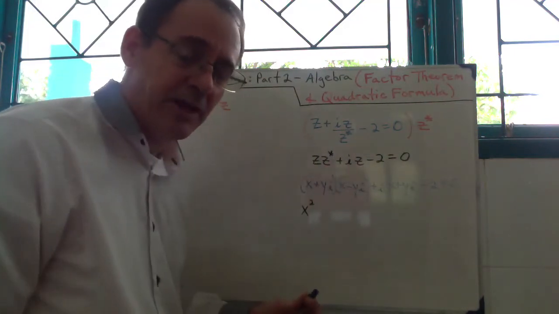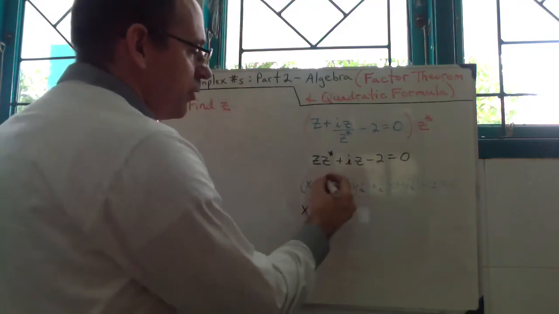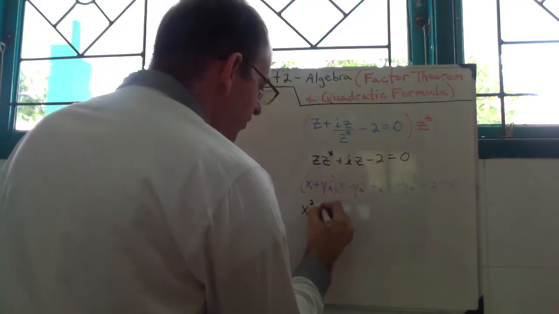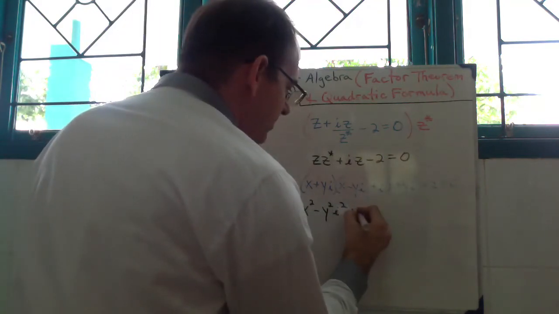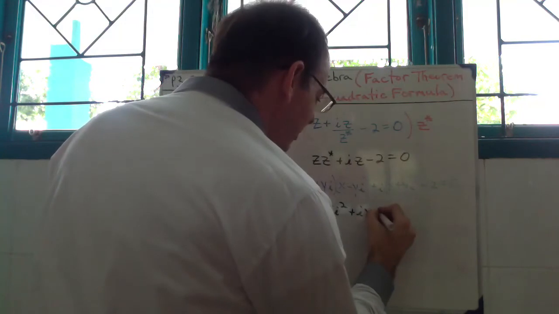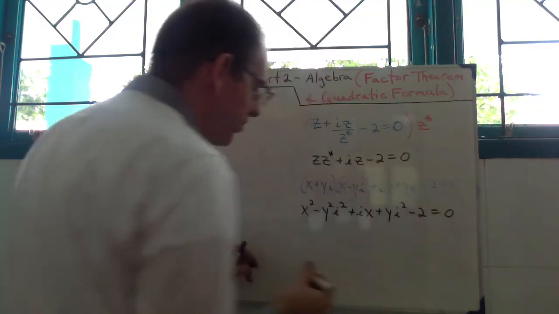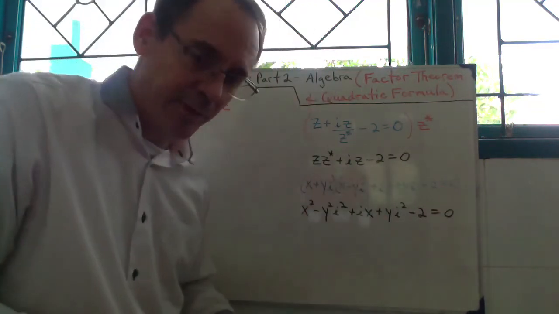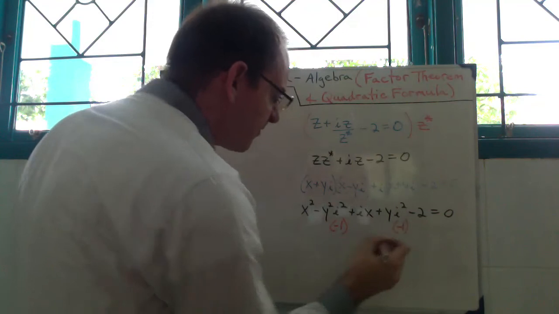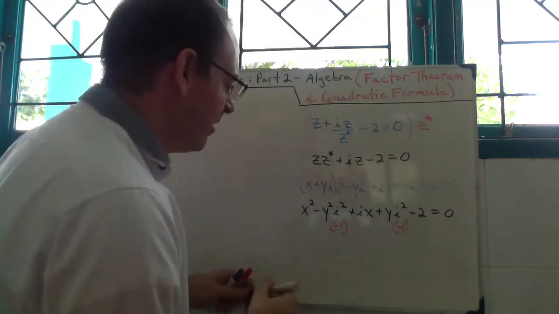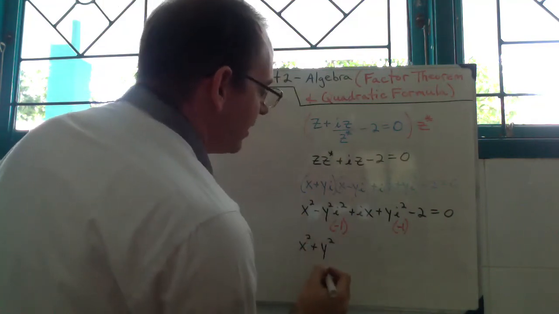Remember, conjugate pairs give you a difference of squares, so that means the nose and the mouth cancel out. When we multiply the last term, we get minus y squared i squared. Then we get plus ix and plus yi squared minus 2 equals 0. So just carefully multiply all those out. Our i squareds become negative 1. And so when we put this together, we end up with x squared plus y squared.